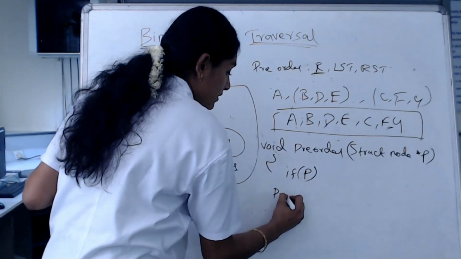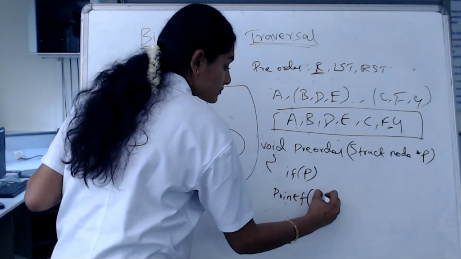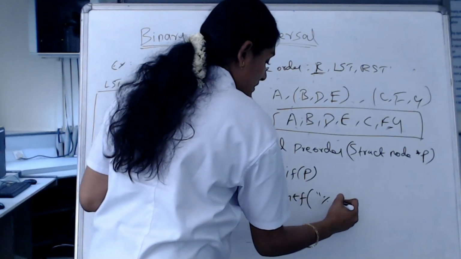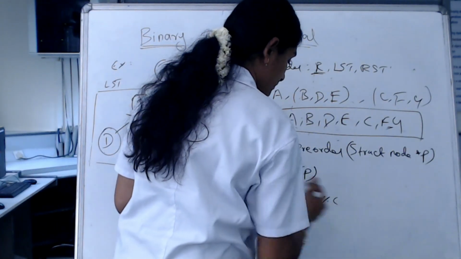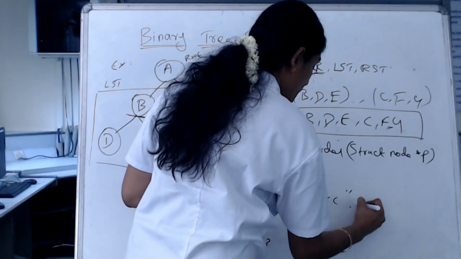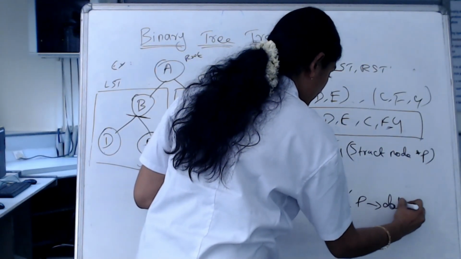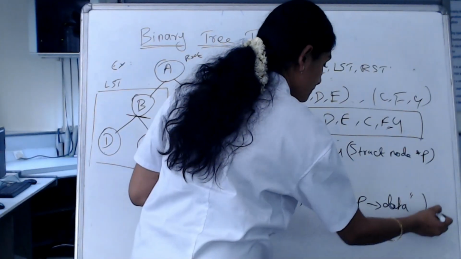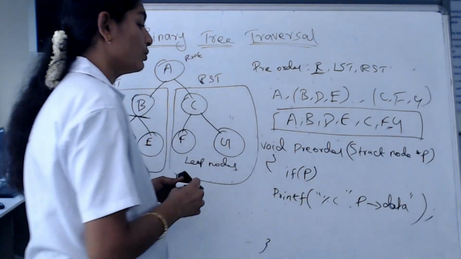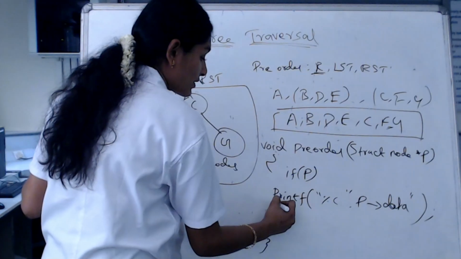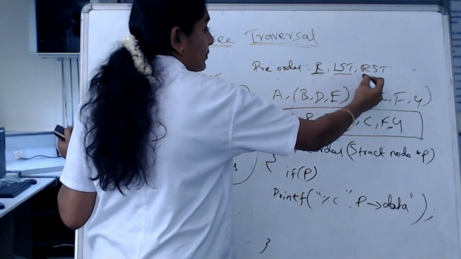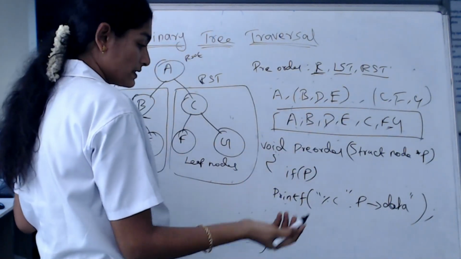So write printf, %c, comma, p arrow data. Next one is the function call. For visiting the left subtree and right subtree, again we have to follow the same order.